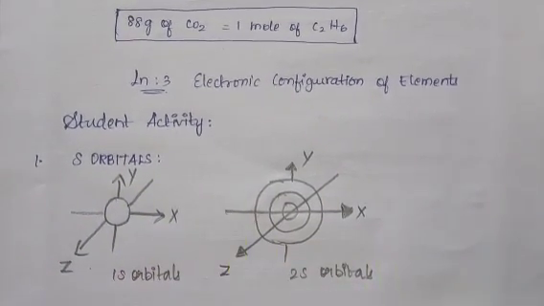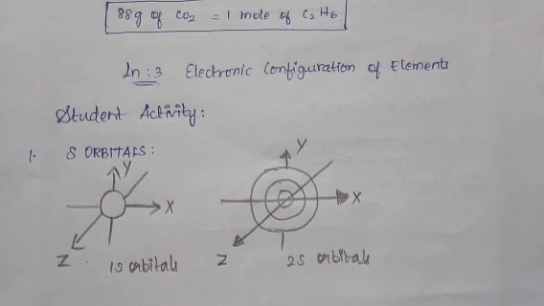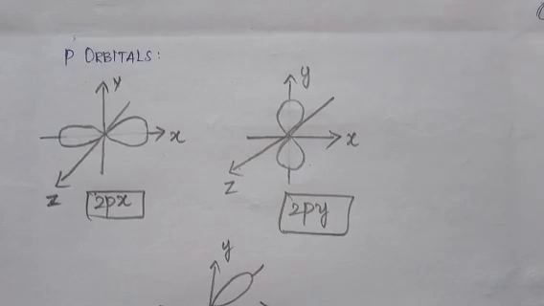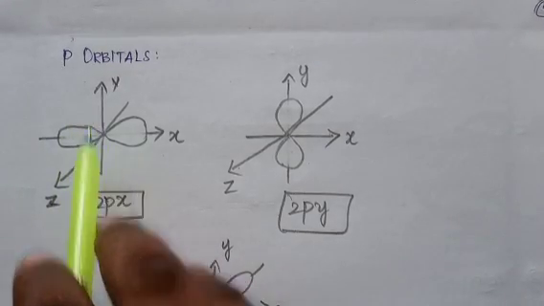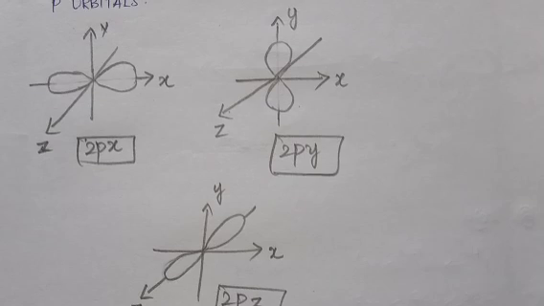For s orbitals, this is the shape: 1s orbital, 2s orbital. You can draw it. For p orbitals, this is the diagram: 2px, 2py, 2pz.